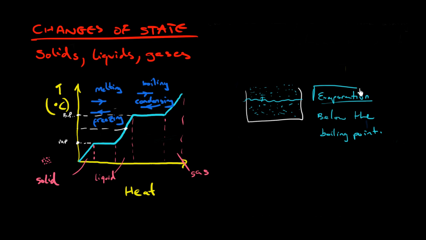Hopefully that makes sense. It's an important point about evaporation, right? The seas, the oceans, the rivers and the water on the ground, it all evaporates. That's how we get clouds. But it does so at a temperature that is lower than the boiling point of water. It's not at 100 degrees, it's happening at a lower temperature.